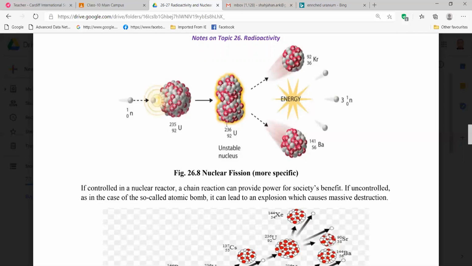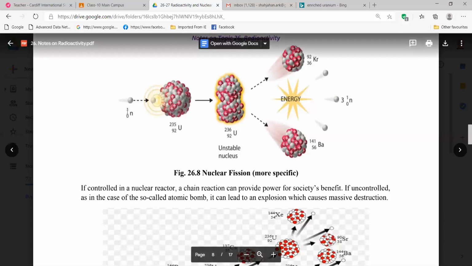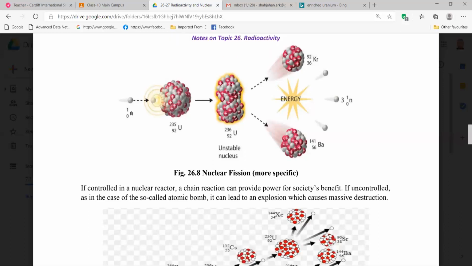So how did we get this 236? By adding one neutron, and a neutron has a mass of 1. So that one will be added to the mass number 235. It's not added to the 92.